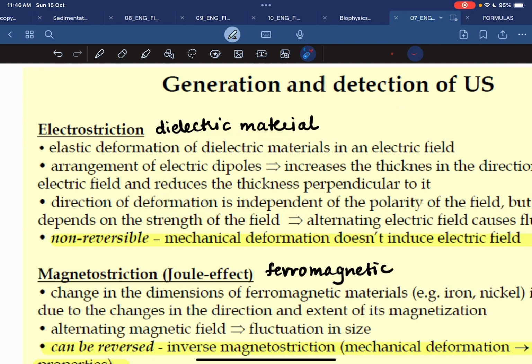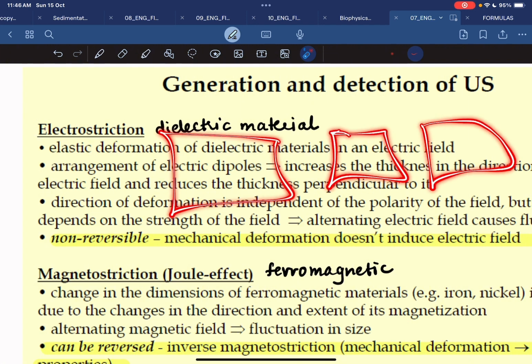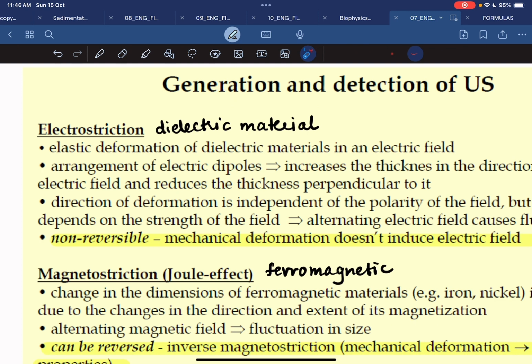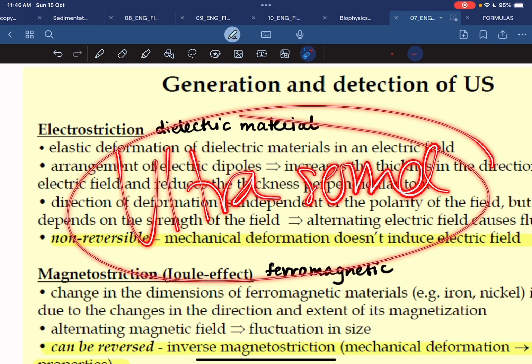Now, if you make this side positive and then switch quickly to make this side negative and this side positive, and switch it again, the dipoles go back and forth, back and forth. They keep spinning. That results in the material changing shape again and again, which results in, you guessed it, ultrasound. Super fast vibration results in ultrasound.